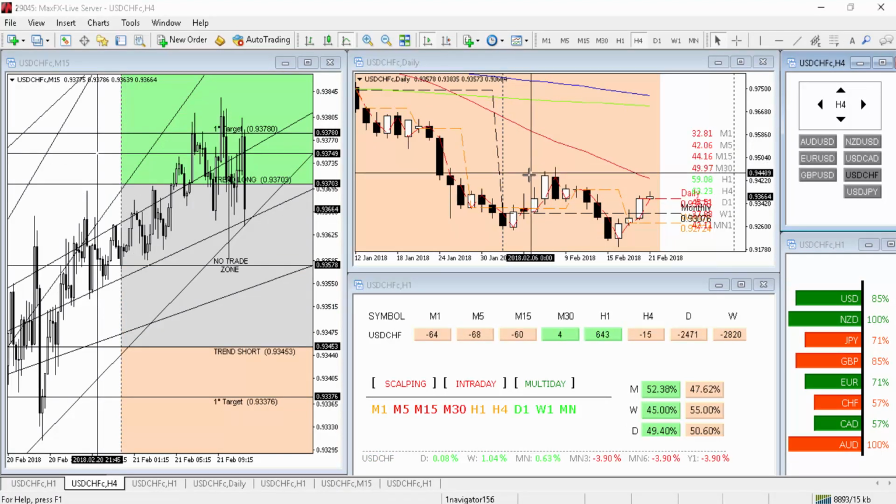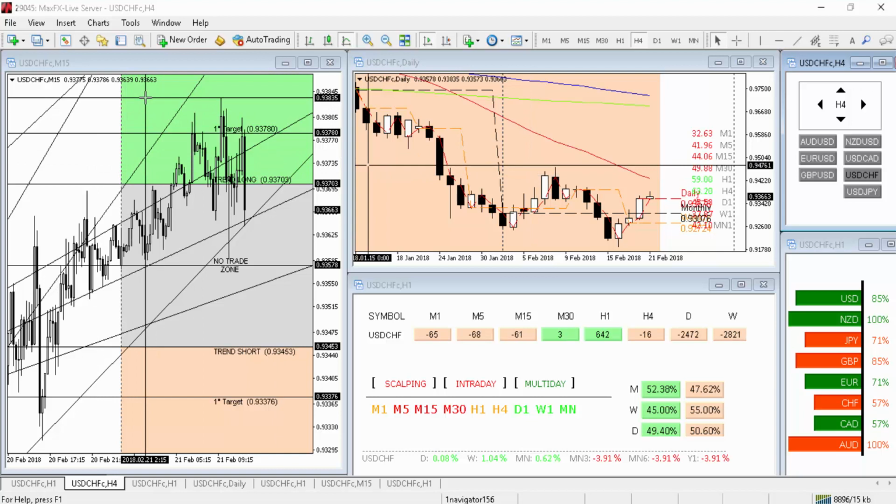US dollar Swiss franc is moving in a slight bullish tendency, correcting down from the intraday high marked at 0.9383. In fact, we have a bearish price action at a scalping and intraday level with a breakout of the previous lows from M5 to M30. The pair is still gaining 0.08% on a daily basis, and we have a bullish percentage confluence up to the monthly level.